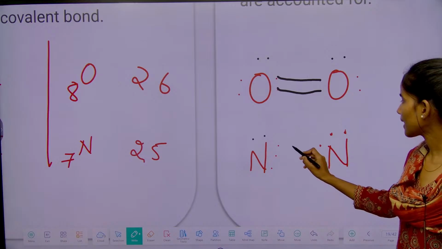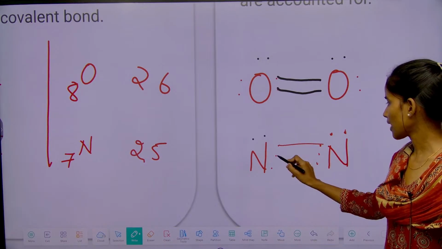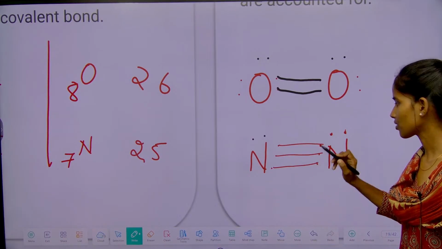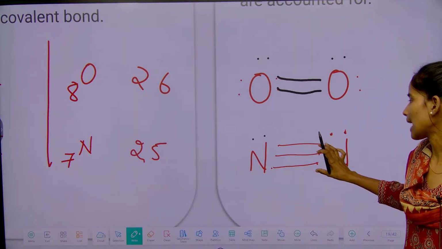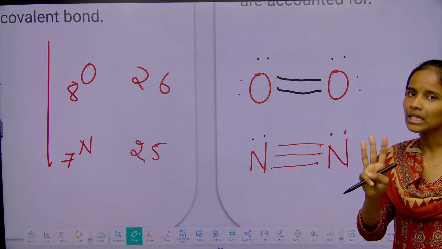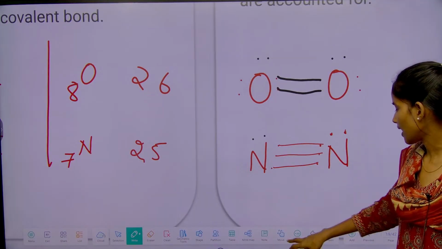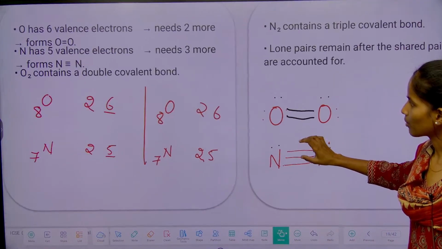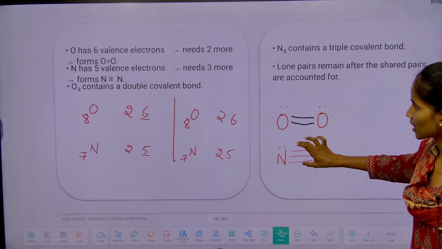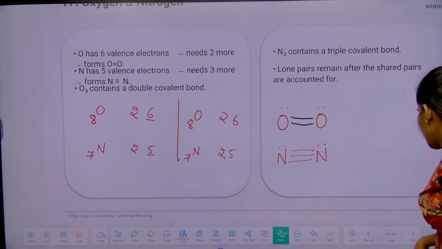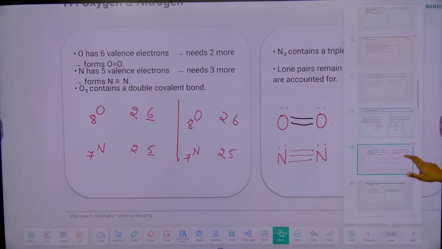So what is happening? These 2 electrons, these 2 electrons and these 2 electrons, in total these 6 electrons will form 3 covalent bonds because they are sharing the electrons. This is all about how oxygen and nitrogen gases are formed. We will see one more example next.